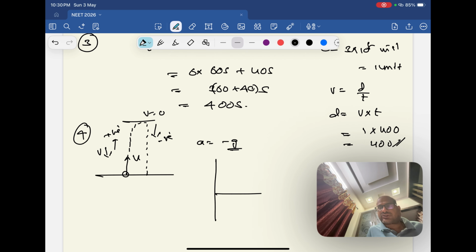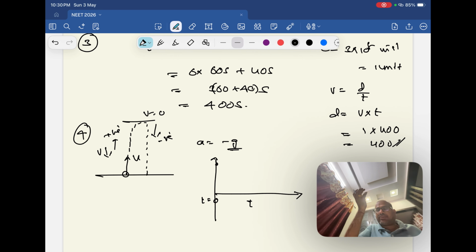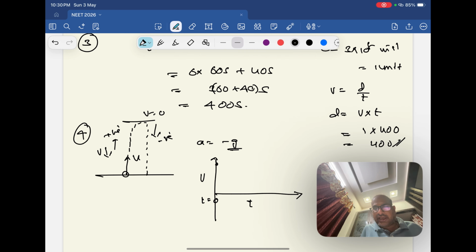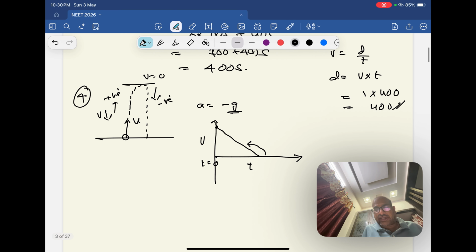Keep in mind the slope. At t equal to 0, velocity is at some maximum, you are throwing vertically upward, right? And as time passes, velocity gradually decreases at a constant rate. Why? g is constant, so the v-t graph will be a straight line with negative slope. Acceleration is negative, so it decreases, becoming 0. And then as time passes, after becoming 0 the direction is reversed, so v becomes negative and increases at the same rate.